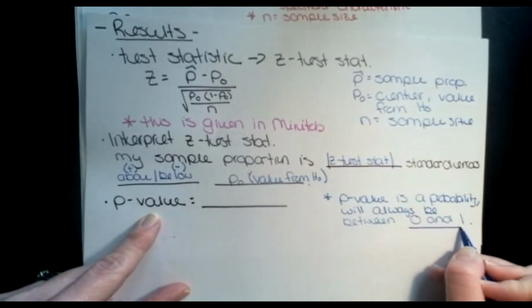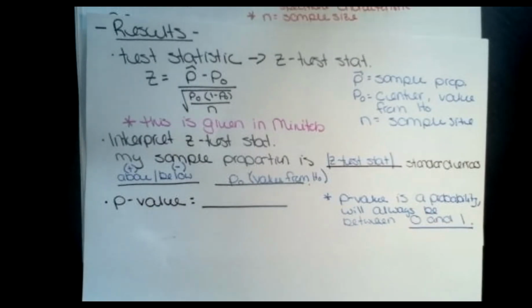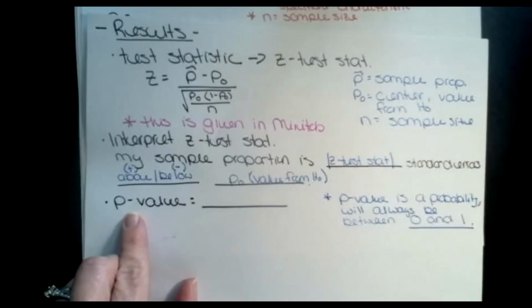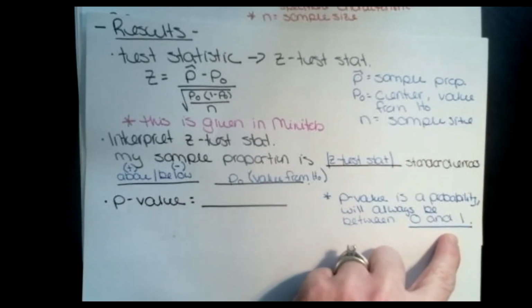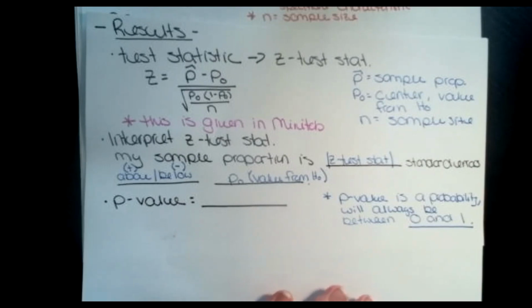Make sure you understand that. A probability is always a number between 0 and 1. 0 means it will never happen, and 1 means it's absolutely certain to happen, right? So it's 0% and 100%. You can't go above 100%. So make sure when you're giving me a p-value, it's between 0 and 1. If it's not, that means you're reading the wrong value.